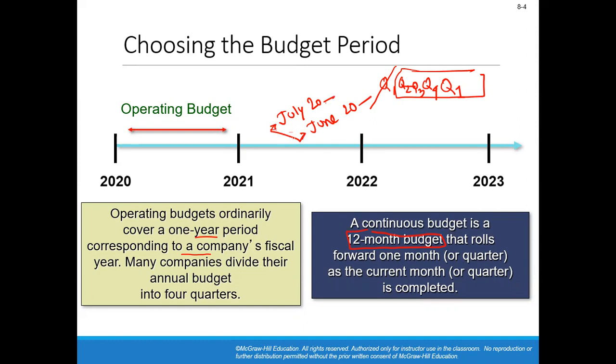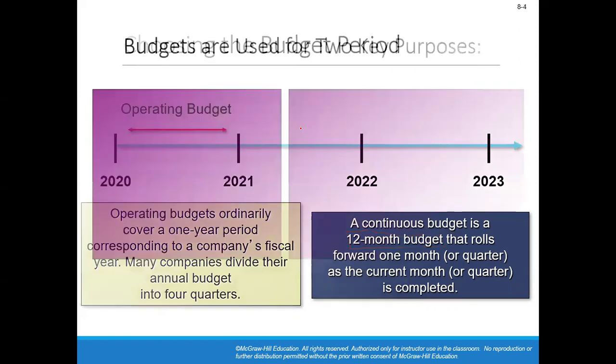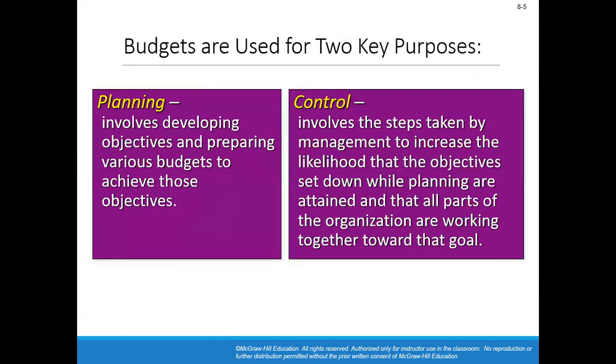Okay. So let's remind ourselves what we have learned in the very introductory concepts of managerial accounting. We heard about these 2 concepts there. Budgets mainly serve these 2 purposes. One is planning, and the other is controlling.